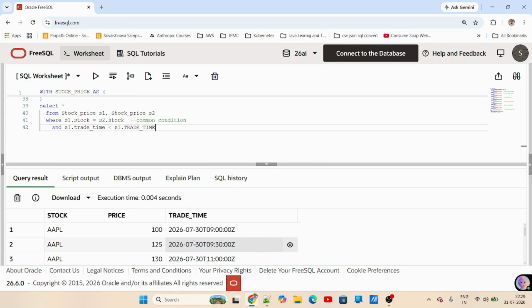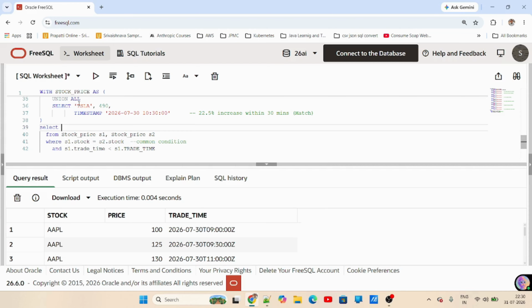As you can see here, the trade time of S1 will always be less than the trade time of S2. So this is how I'm creating the range between S1 and S2. What is common? Common is the stock. So this will become like a single record. Once I do this, I will also get the stock price. Let me just show you how it will look now.